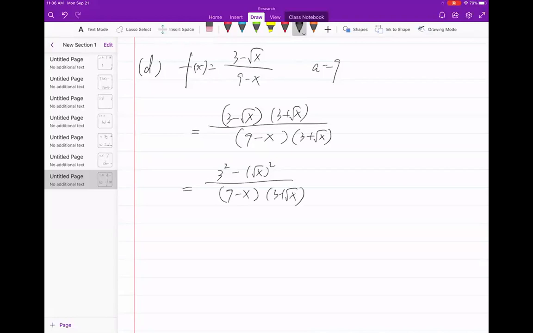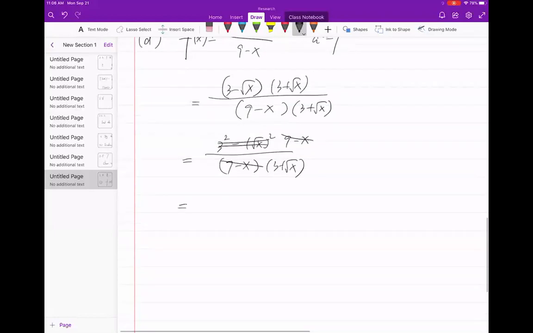And it's easy to see the top becomes 9 minus x, which cancels with this one. You have 1 over 3 plus this. Sounds good? The rest is plugging in the corresponding a to find the limit, because they're not looking for this format. They're looking for, if you plug in a, what number do you get? Okay, so just plug in and you will be fine.